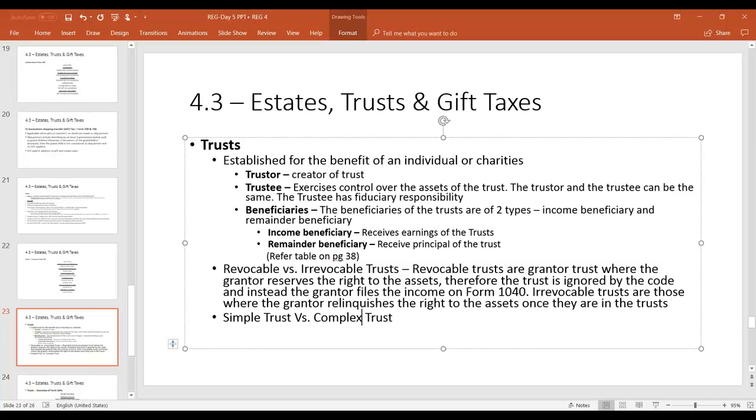But if the trust retains some of the income, like a complex trust does, then the trust will also have to pay the tax on that income. So it's kind of a semi pass-through, right? If the trust distributes, then the beneficiaries pay. If the trust retains, then the trust pays the tax on that.